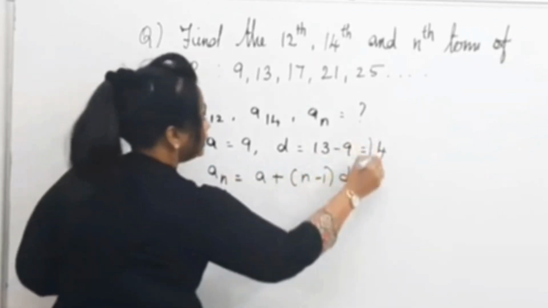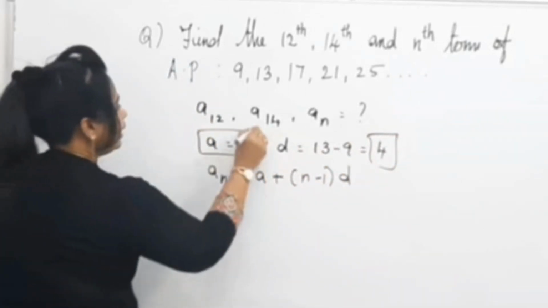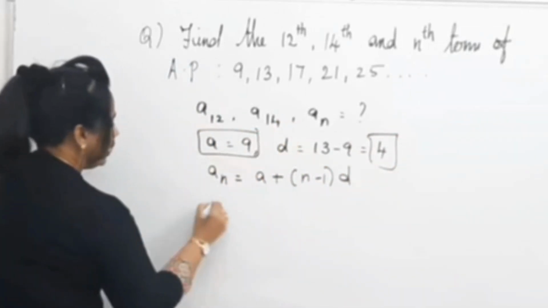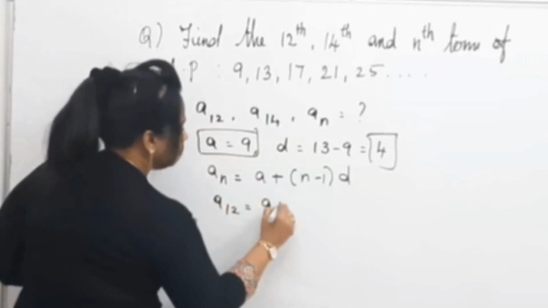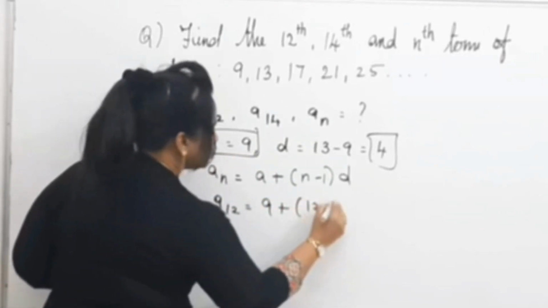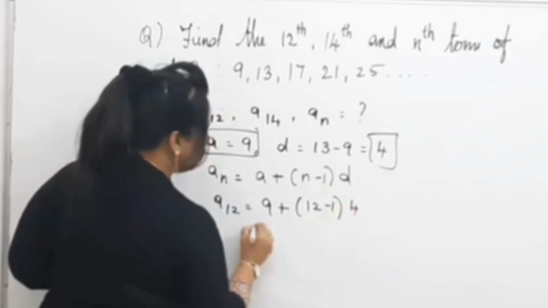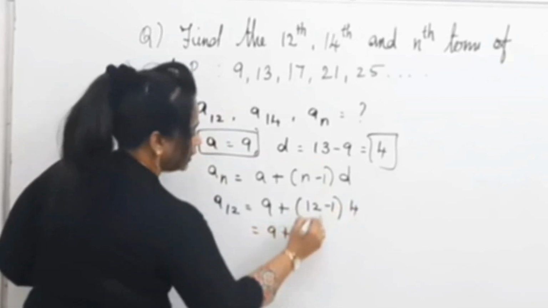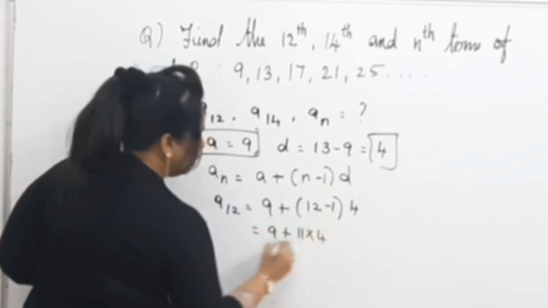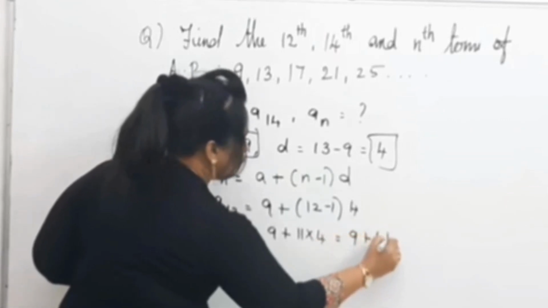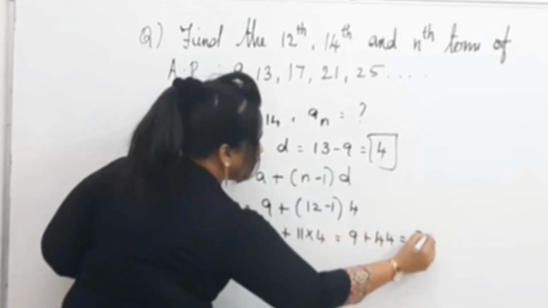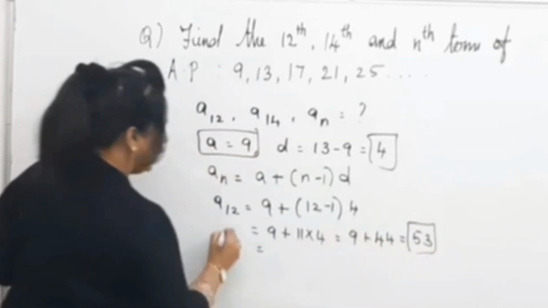So I have my d here, I have my a here, and of course my a12 = 9 + (12 - 1) × 4 = 9 + 11 × 4. Hope you know the basic maths. 9 plus 44 is equal to 53, which is my a12.